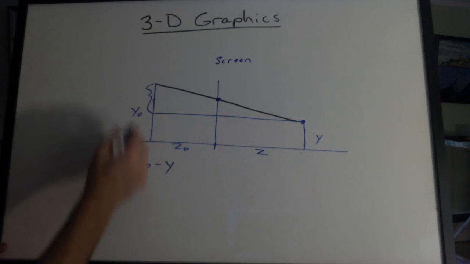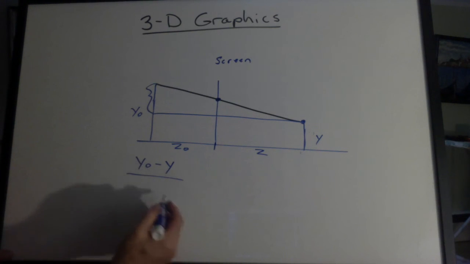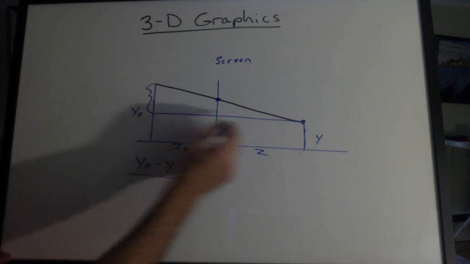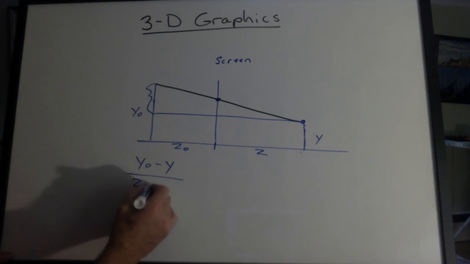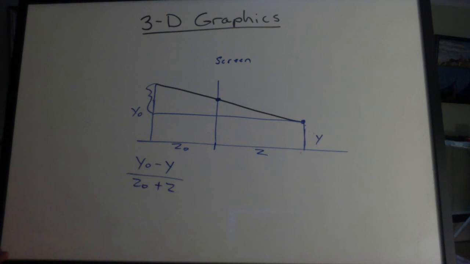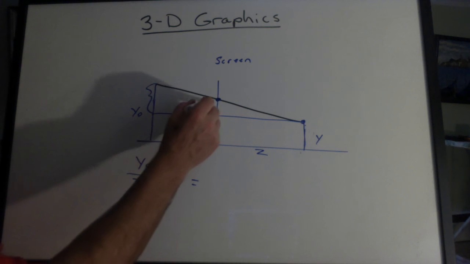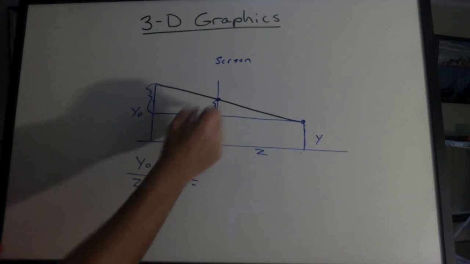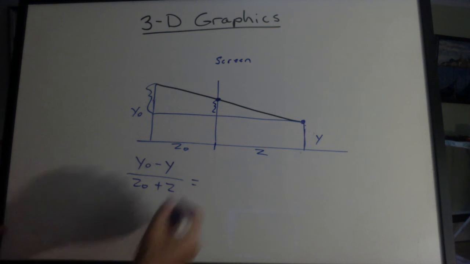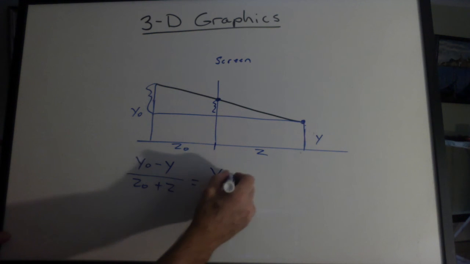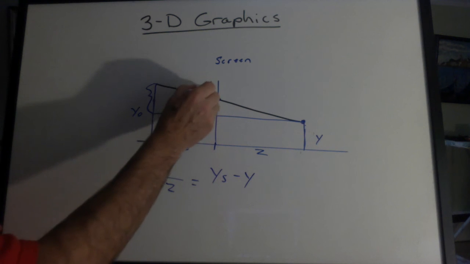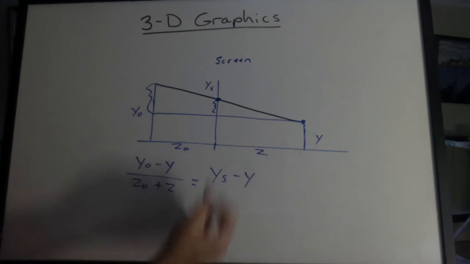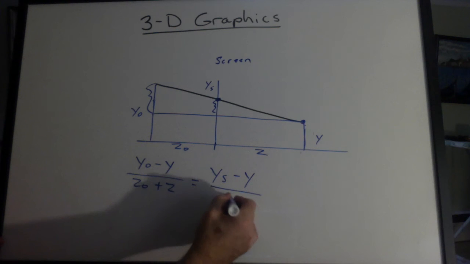That height is going to be compared to this entire distance, which would be z naught plus z. So that triangle is similar to this triangle right here, where we'll take that height, which is going to be ys minus y, ys being from here to here, minus y over z.